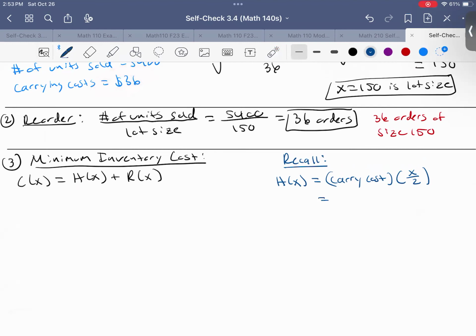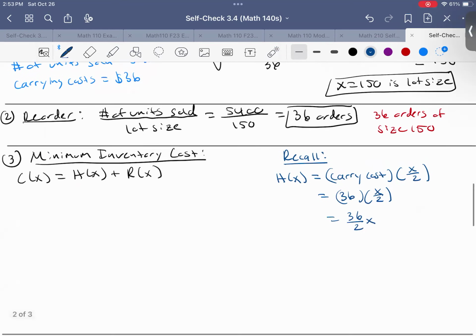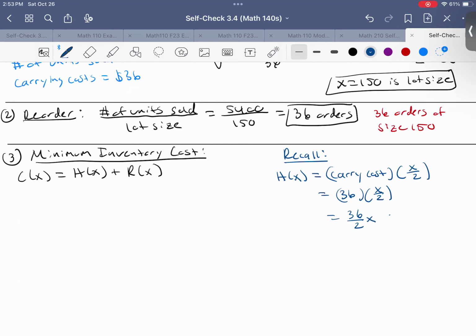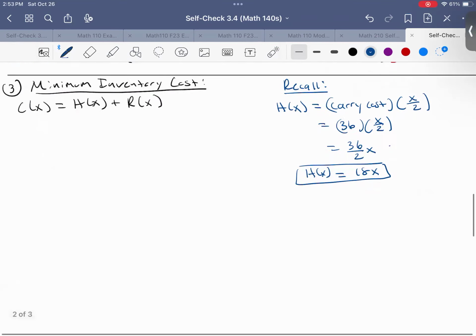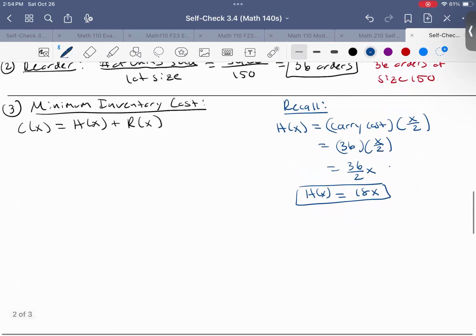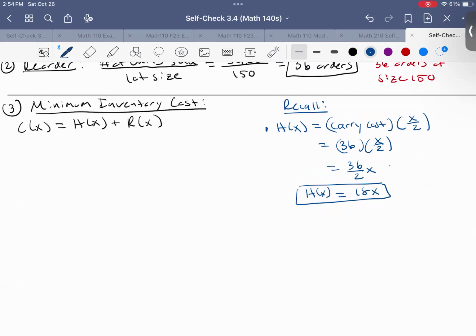So this ends up being 36 times x over 2, which is 36 over 2 x, which is 18x. So H of x equals 18x. Okay, so that's our carrying cost.